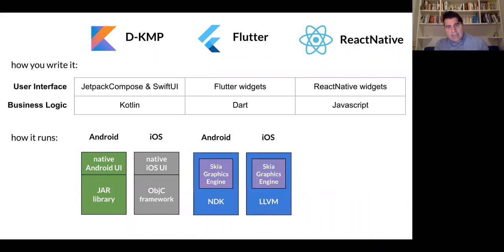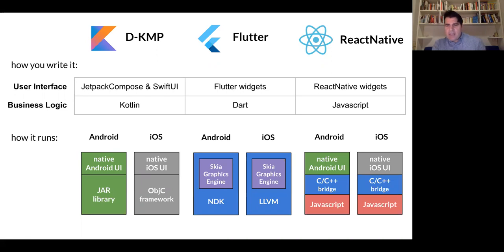So in Flutter, the app actually runs as NDK on Android and LLVM on iOS. And for the UI, they're using the Skia graphic engine. And for React Native, you do have a native UI. That was the main selling point of React Native.